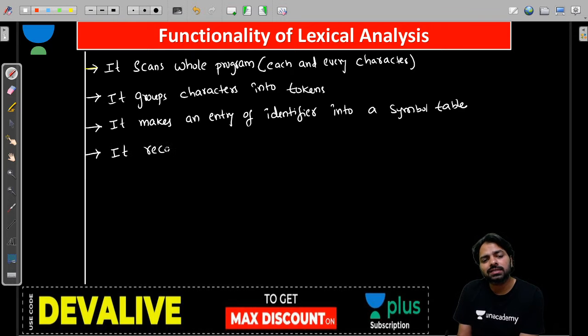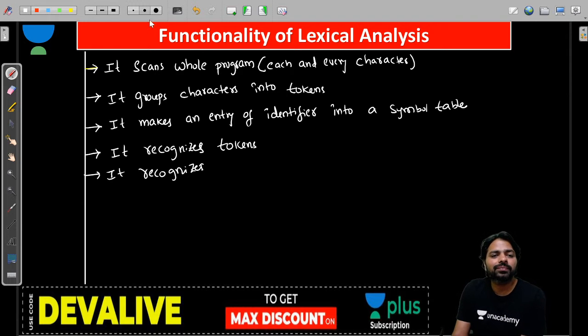The lexical analyzer, also called the scanner, recognizes tokens. We know that. Not only that, it identifies comments and spaces too.